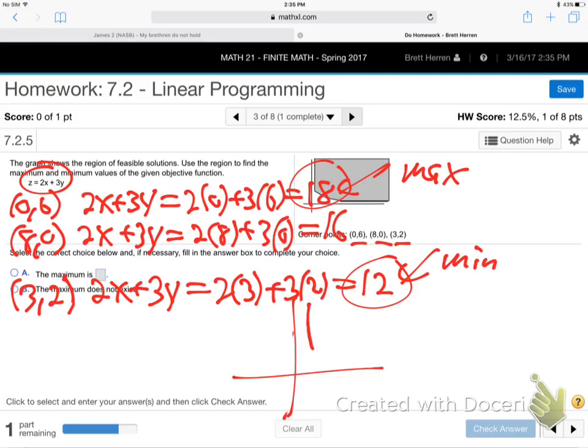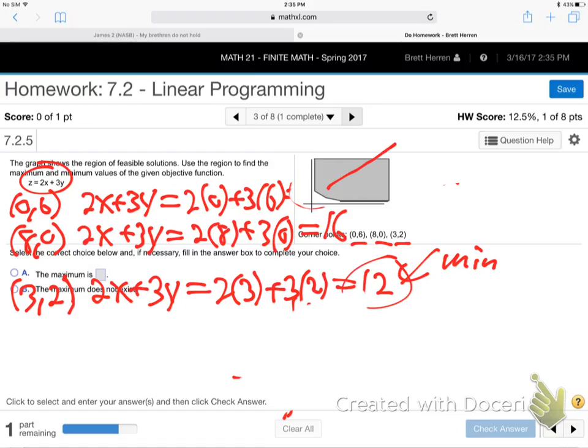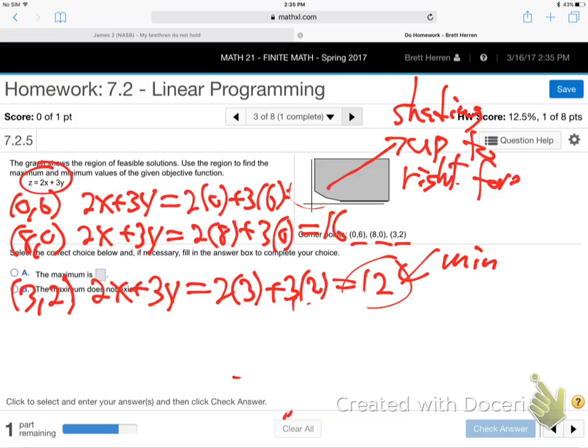Anytime, see how this one has, well, I don't need to redraw it. Why am I redrawing it? Here it is, right here. Anytime the shading goes up, up, and away, like Superman there, goes up to the right forever, there's no max.